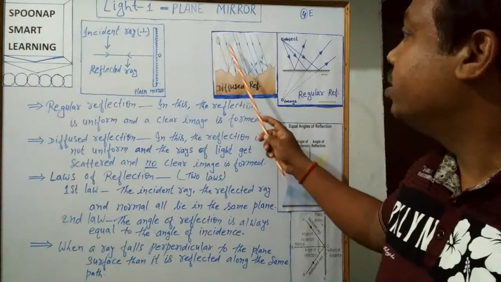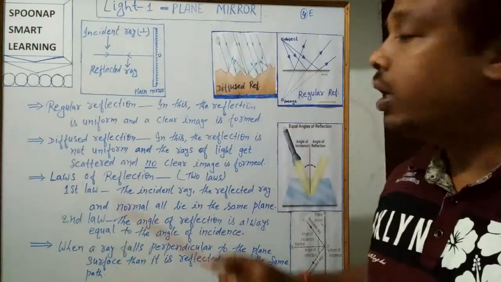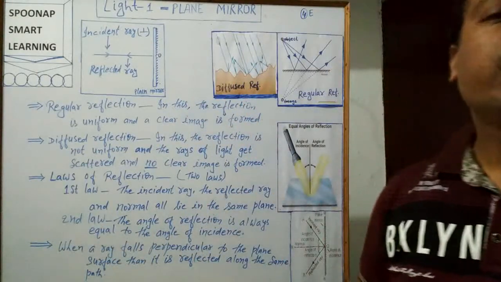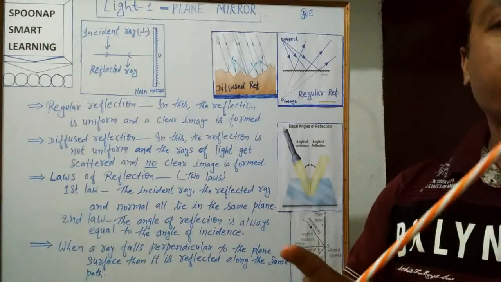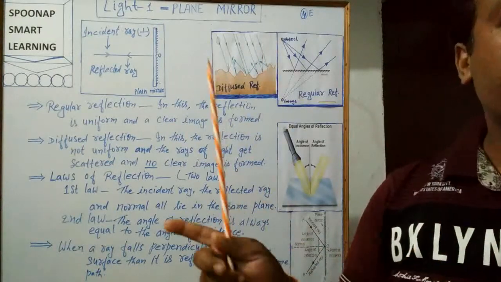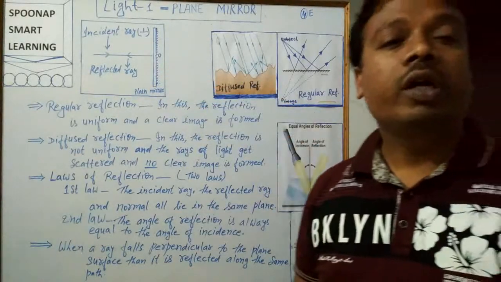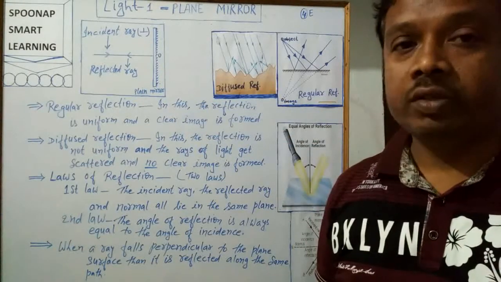Here you can see these are the incident rays, and when they fall on the rough surface, the reflected rays get scattered. Scattered means spread here and there, and due to this no clear image is obtained.